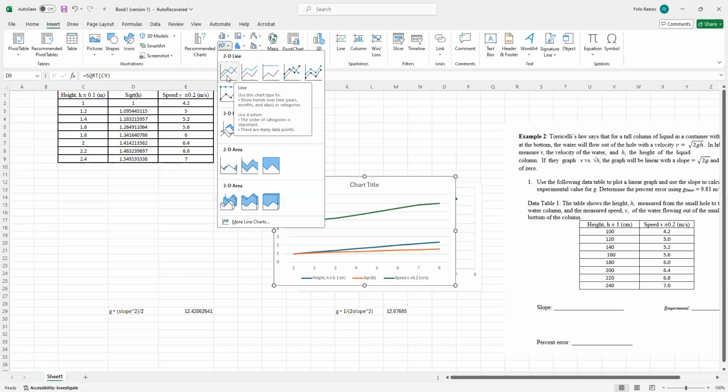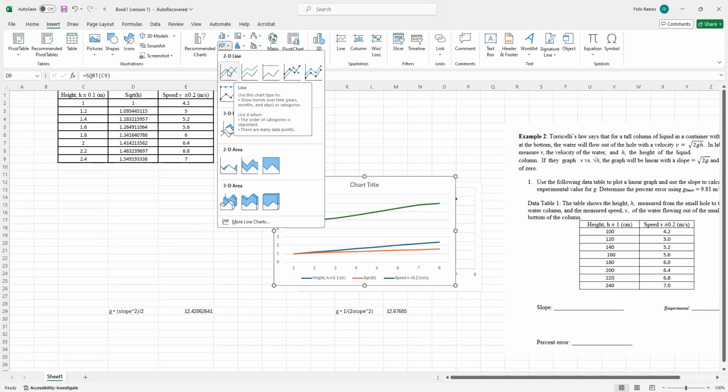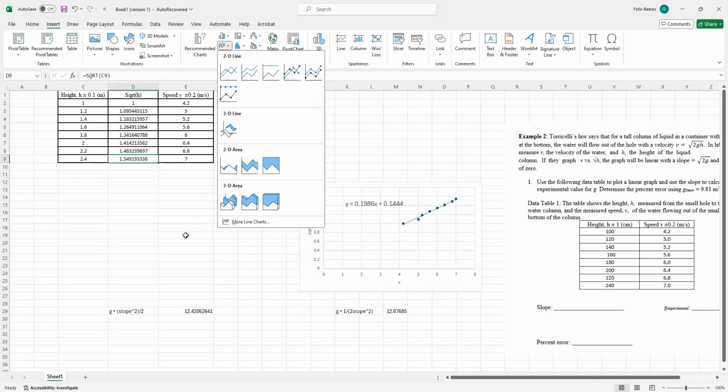This is not the type of graph we use when we want to find the relationship between two variables or get a regression equation. So don't select line graph.